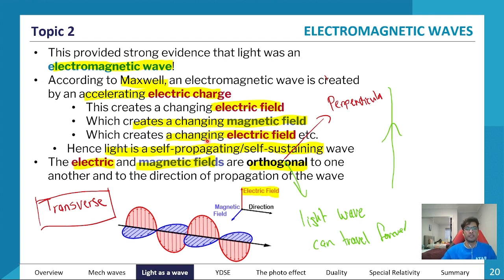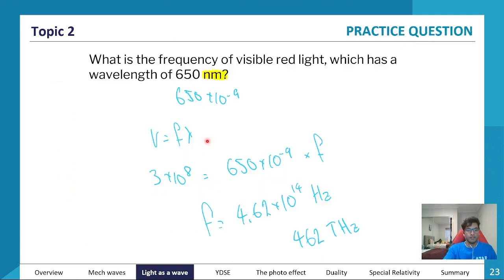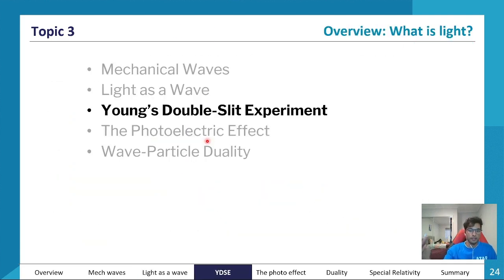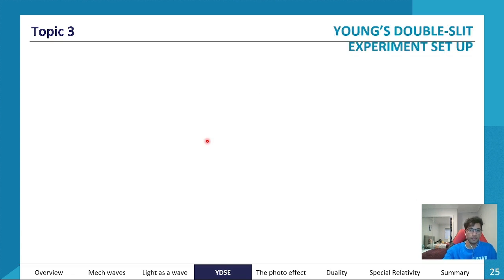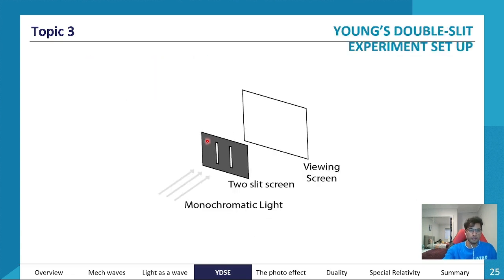It was mainly just theory at this point. So the physicists wanted to actually verify: is light a wave, or is this just a random theory? And this brings us to one of the most famous experiments of physics.